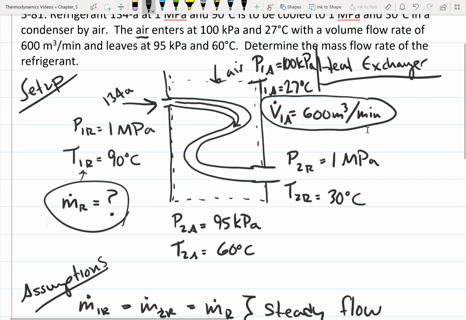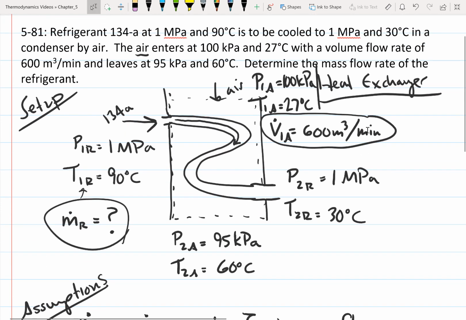It also doesn't give us any information about heat transfer out of the heat exchanger. Basically, we know there's heat transfer between the air and the refrigerant. That's pretty obvious, but what we're interested in is both of them.